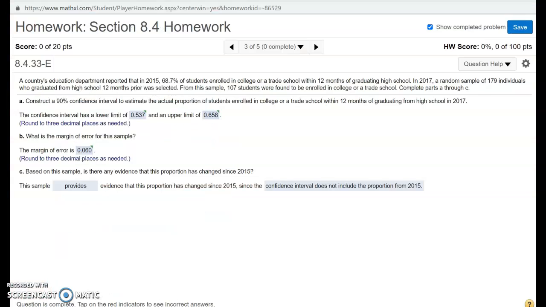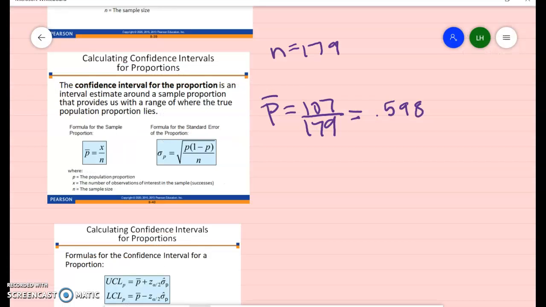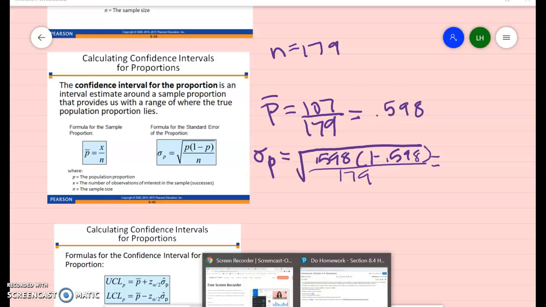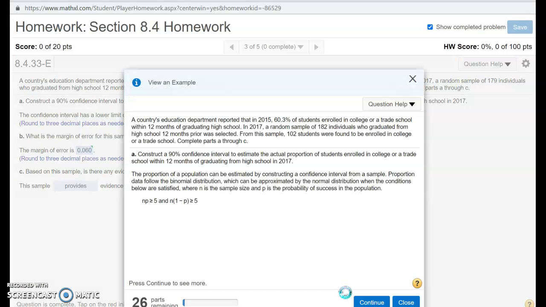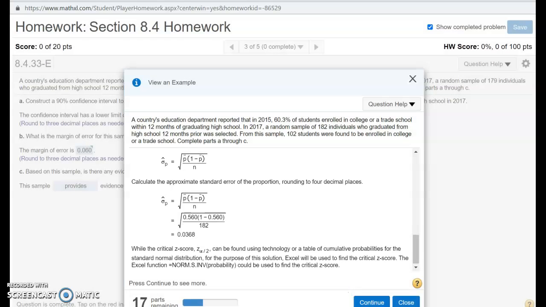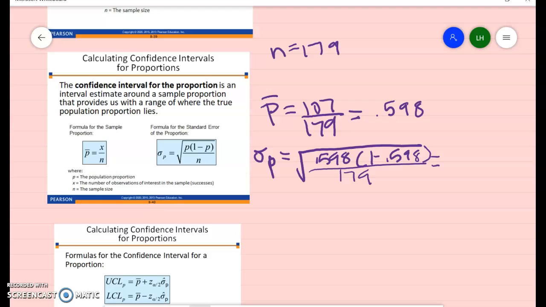The next thing we need to do is calculate the standard error of the proportion. So you're going to calculate this in these problems: 0.598 times 1 minus 0.598, divided by n, and n is 179. We're going to round to 4 decimal places; if you click down here, it says 4.